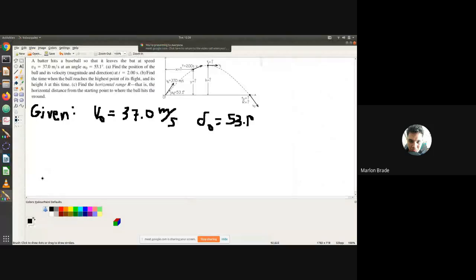The question is: find the position of the ball and its velocity at t equals 2 seconds.